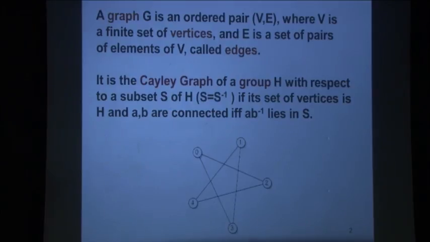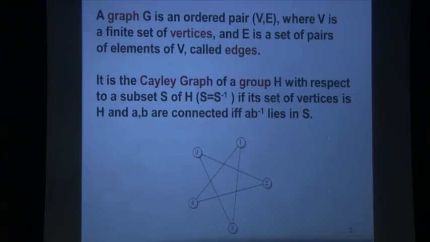Such a graph is a Cayley graph of a group if the vertices of the graph are all the elements of a group. It will be a finite group in our case. And we have some subset of the group, S, and this subset will be closed under taking inverses.